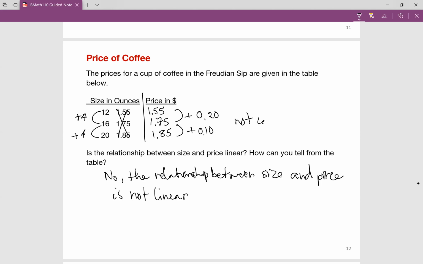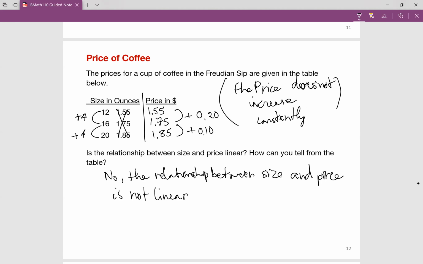So the price does not increase constantly.